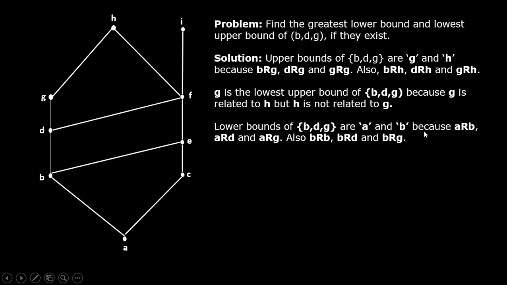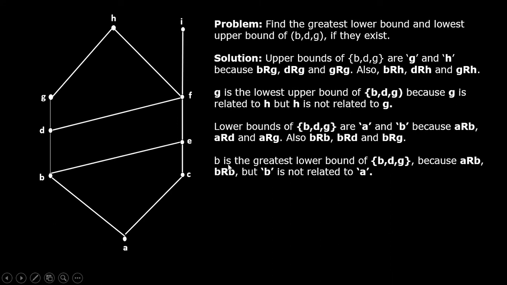Now let us see what the greatest lower bound is. Here B is the greatest lower bound of BDG. Now clearly see that this set L, or the set of lower bounds, consists of elements A and B. So as per the definition, we have to find one such element to which all the remaining elements of the set L are connected or related.